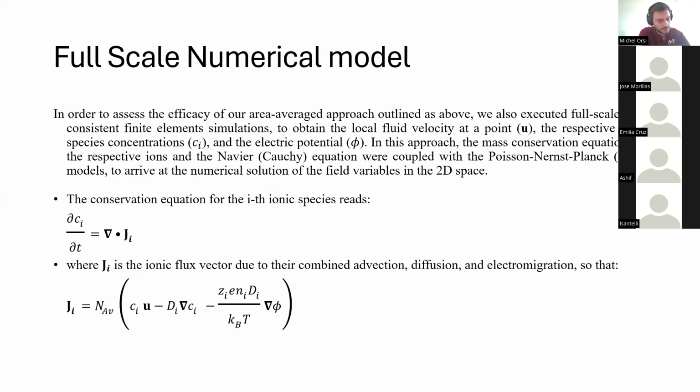In this approach, the mass conservation equations of the respective ions and the Navier-Stokes equation were coupled using the Poisson-Nernst-Planck models to arrive at numerical solutions of the field variables in 2D space. The conservation equation for the ionic species is del C del T equals the gradient of Ji, where Ji is the ionic flux due to combined effects of advection, diffusion, and electromigration.